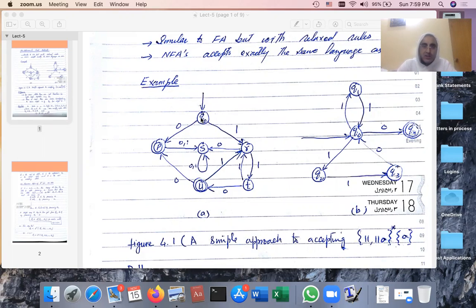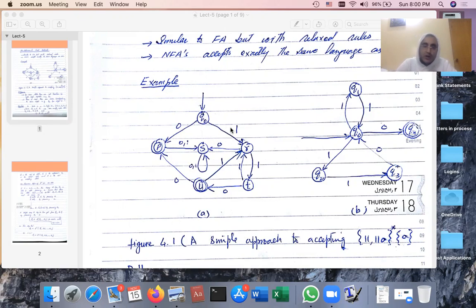As you are seeing, this is the initial state. If 1 1 comes out from this expression and 0 at the end, then 1 1 and then 0 is accepted. And if 1 1 0 comes out and then 0, so 1 1 0 and then this 0, it is again accepted. Or only 0, from the initial state only 0 is also accepted.